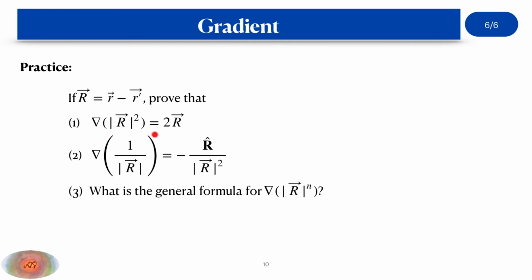The first one: find the gradient of the magnitude of R square, where R is defined by small r minus small r dashed. That means capital R represents the separation vector of the field point and the source point. In a similar way, you have to find the gradient of 1 over the magnitude of the separation vector, and that will result in this one.